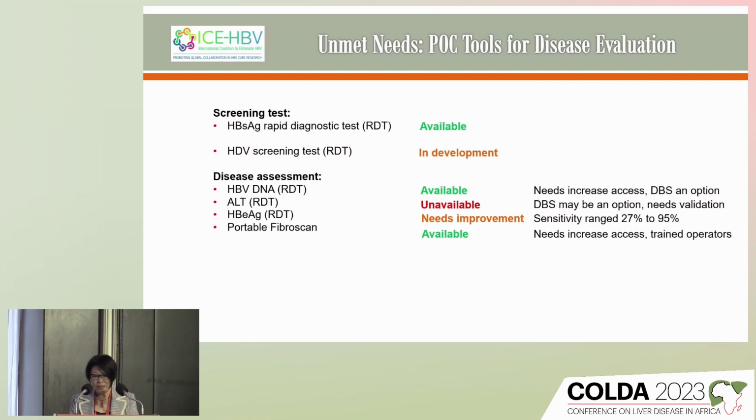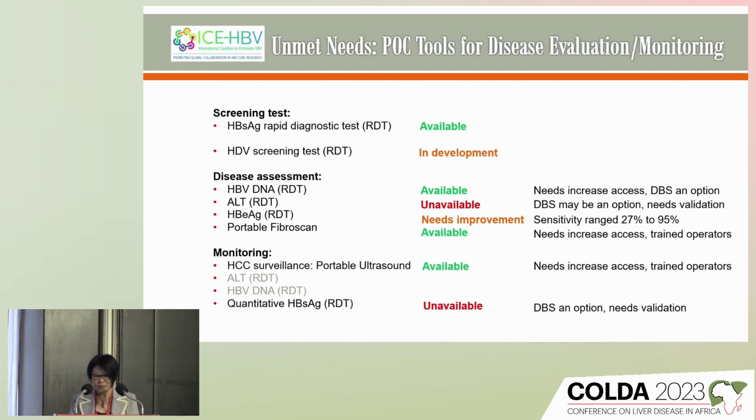It is widely agreed that FibroScan is a very good modality to assess liver fibrosis and disease severity. It is available in portable form, but again, it needs increased access and also needs trained operators.